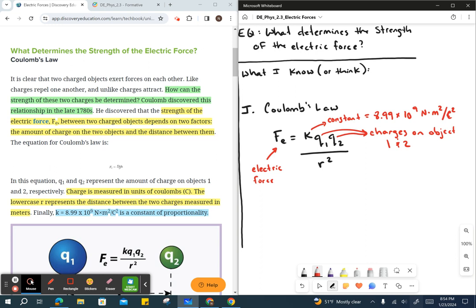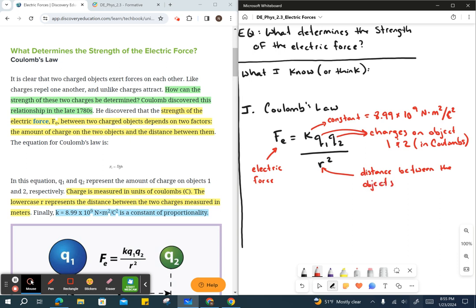These will be in coulombs. And then r squared is the distance between the objects.